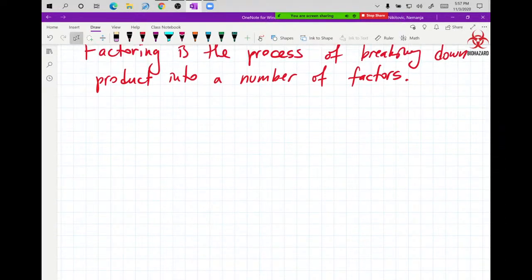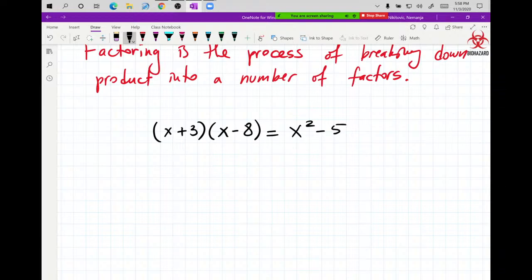Now, I'm going to give you an example of chapter 5 versus chapter 6. You had x plus 3 times x minus 8 is equal to, and then you would get your answer as x squared minus 5x minus 24.